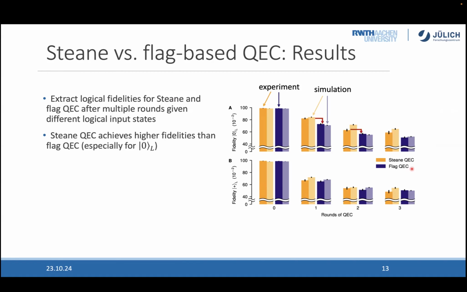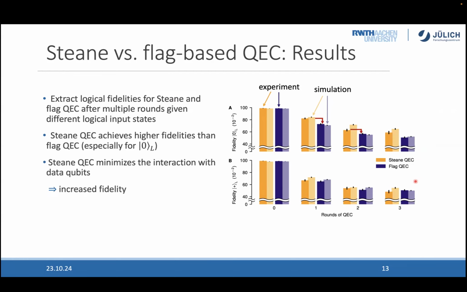And now we see that Steane quantum error correction achieves higher fidelities than the state-of-the-art flag-based approach. This difference is more pronounced for the logical 0 state than for the logical plus state, which is, again, due to dephasing, which basically annihilates some of this advantage that we get.